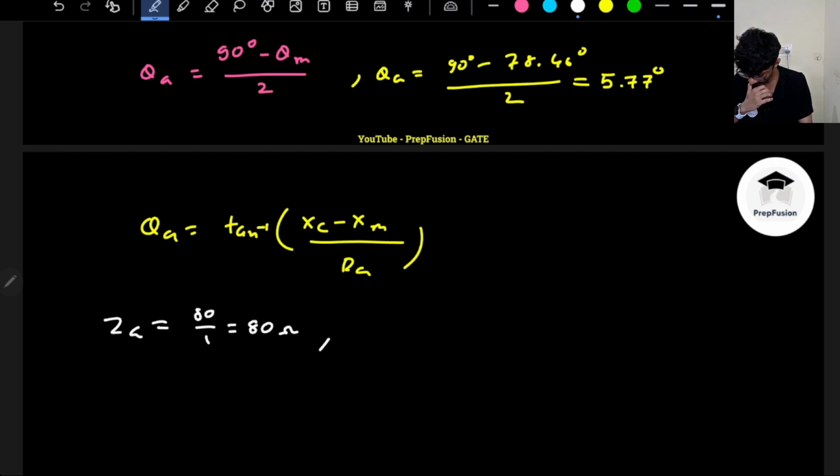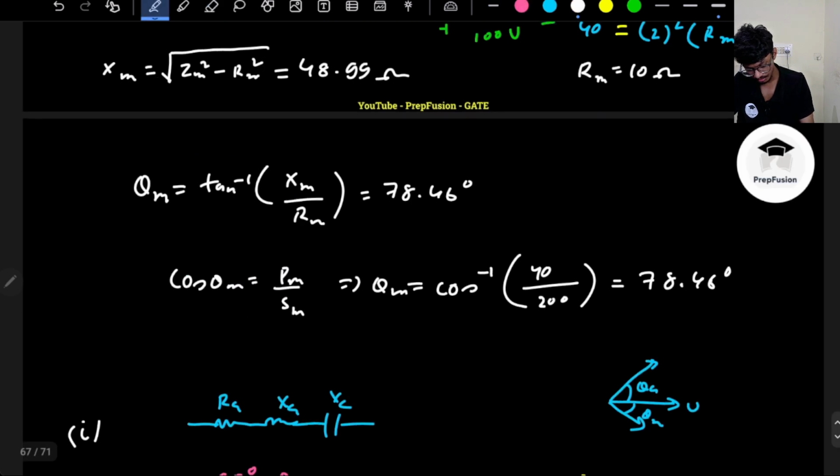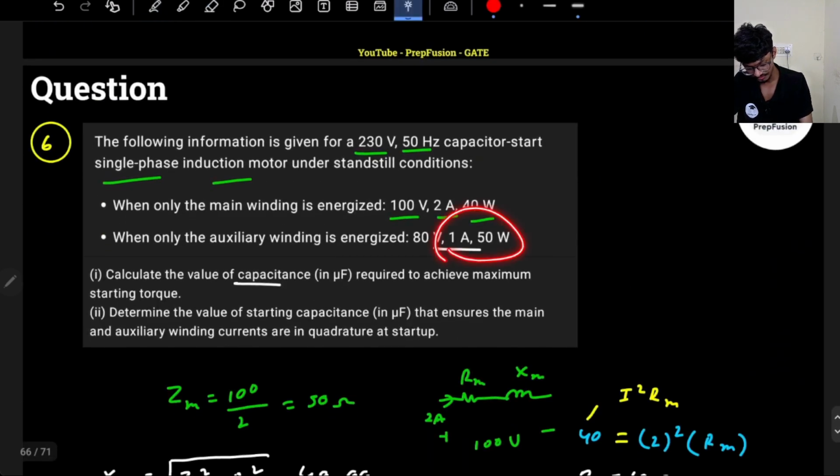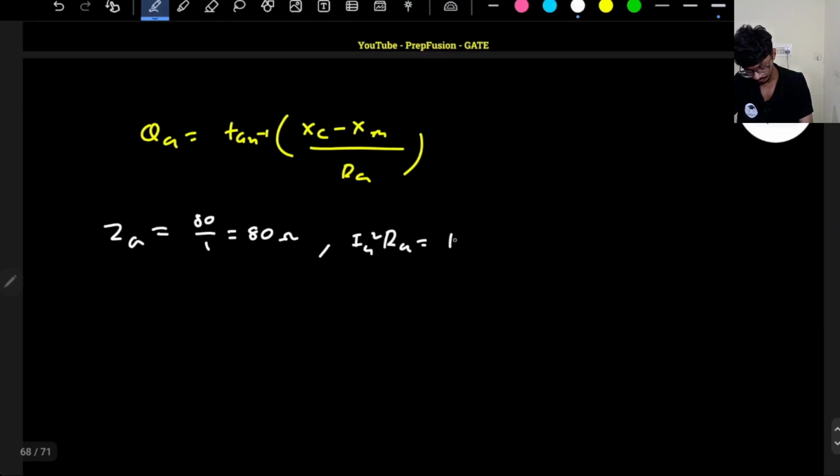Okay, and what is my current basically? Sorry, what is my ra? Ra will be basically, I a square into ra is the power that it is consuming, that is 50 watts. So it is 50, and ia is 1, so ra will be simply 50 ohms.